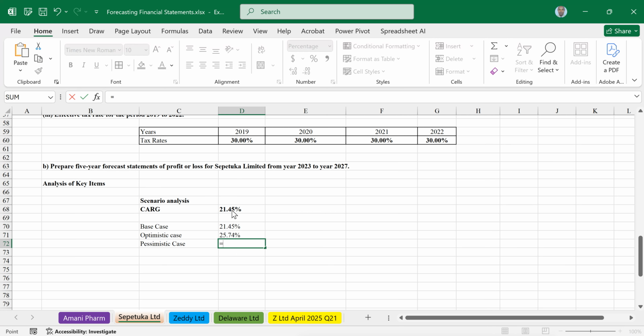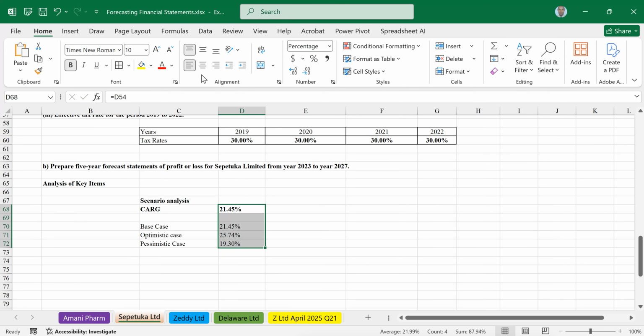Pessimistic, you take the CAGR times, open bracket, 1 minus 10%, because they said it will be 10% below the base case. So this one is 19.30. So we have those three scenarios already before we proceed.